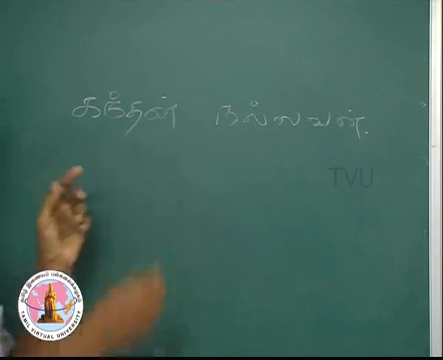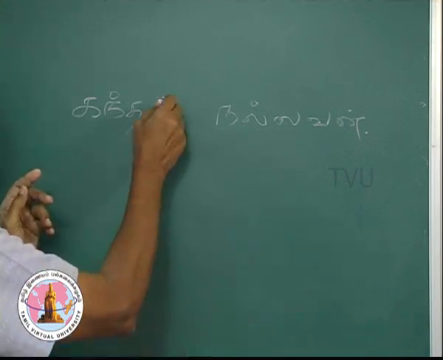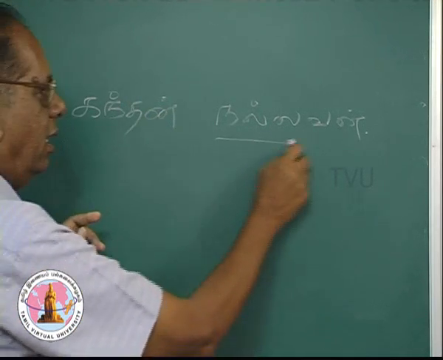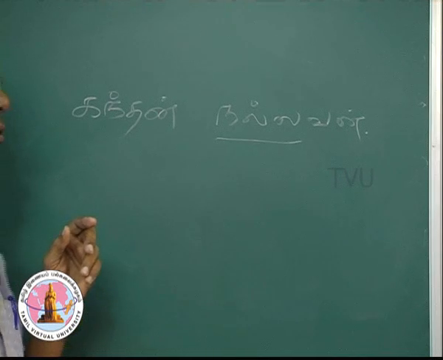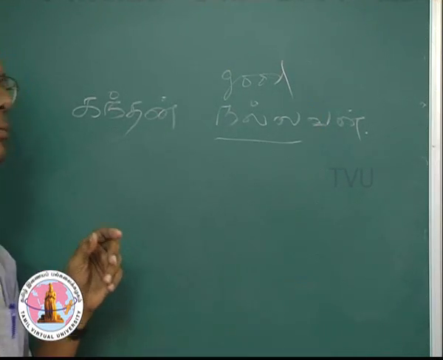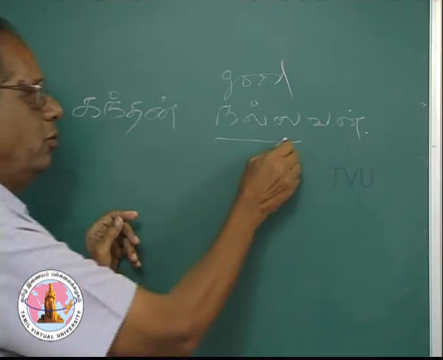Kandan, Murugan, all names of God. Nalla, good. I have used a new word.